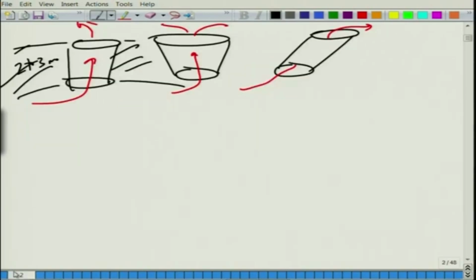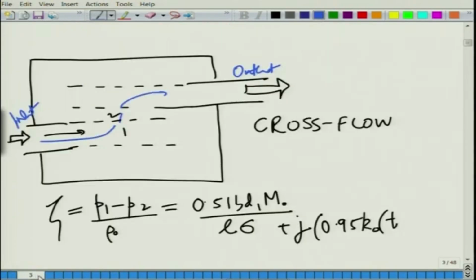Remember, thickness means this is your thickness, t plus 0.75 diameter dH, and this entire thing is divided by sigma.